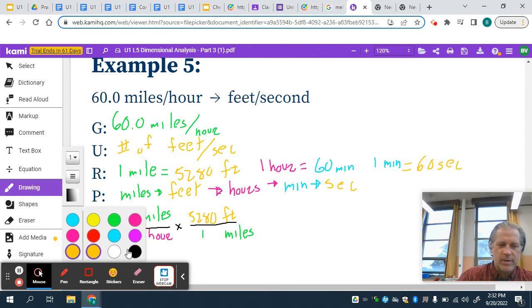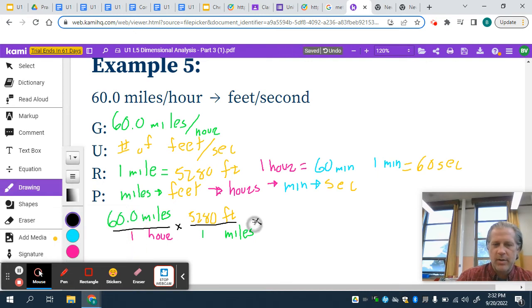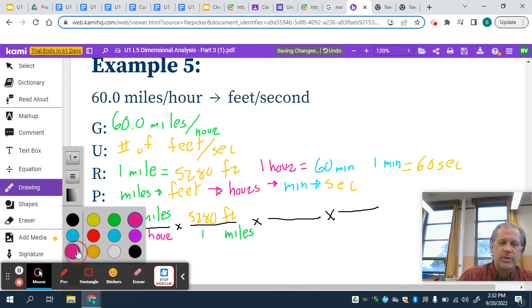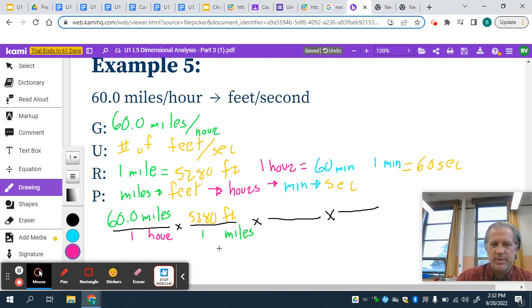So I'm going to go ahead and continue to set up my problem where I need to get rid of hours and eventually get rid of seconds. So again, just like the last time, where students sometimes make a mistake is where do you put the unit of hour? We want to put the unit of hour on the top, and the unit of minutes on the bottom.